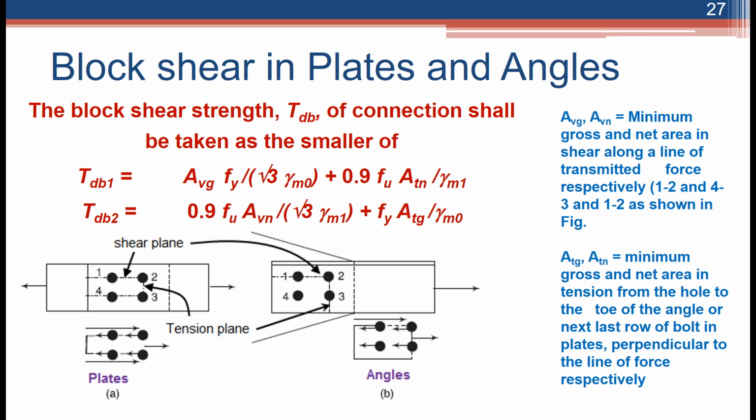While designing a steel tension member, we have to consider the minimum of these two values. Both formulas are a combination of shear failure and tension failure.